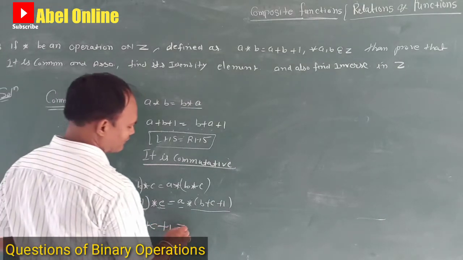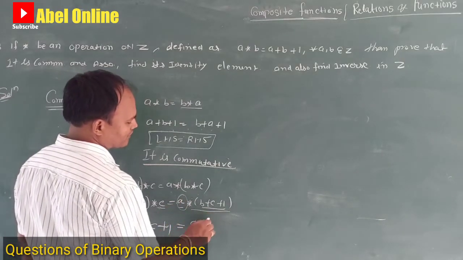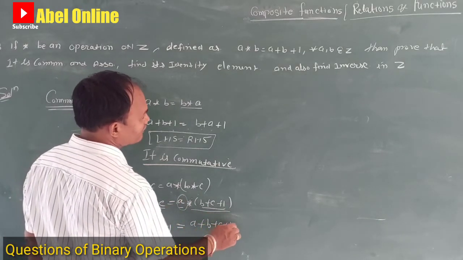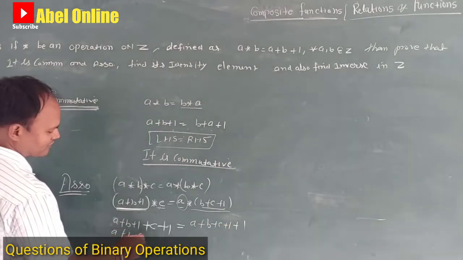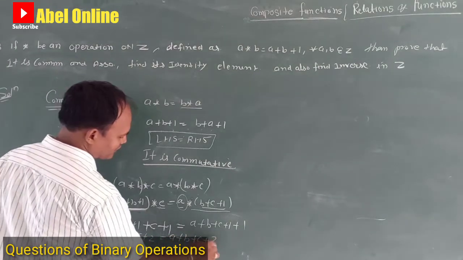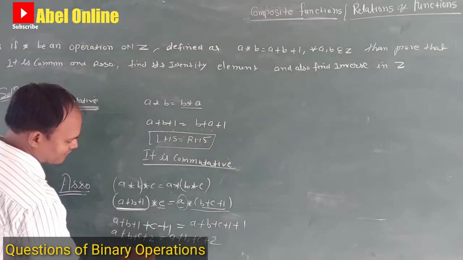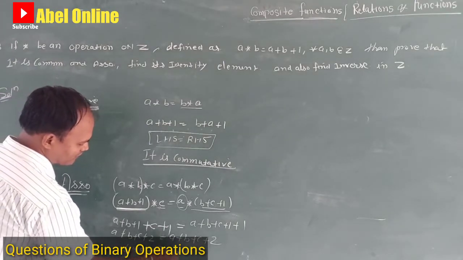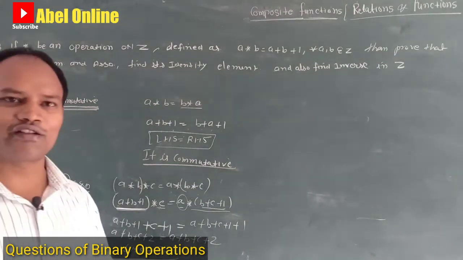Equal, on the other side, A stays A and the value of B is B plus C plus 1, plus 1. So this is A plus B plus C plus 2, and this is A plus B plus C plus 2. So we can say that LHS is equal to RHS. So guys, this is the answer. This is commutative and associative.